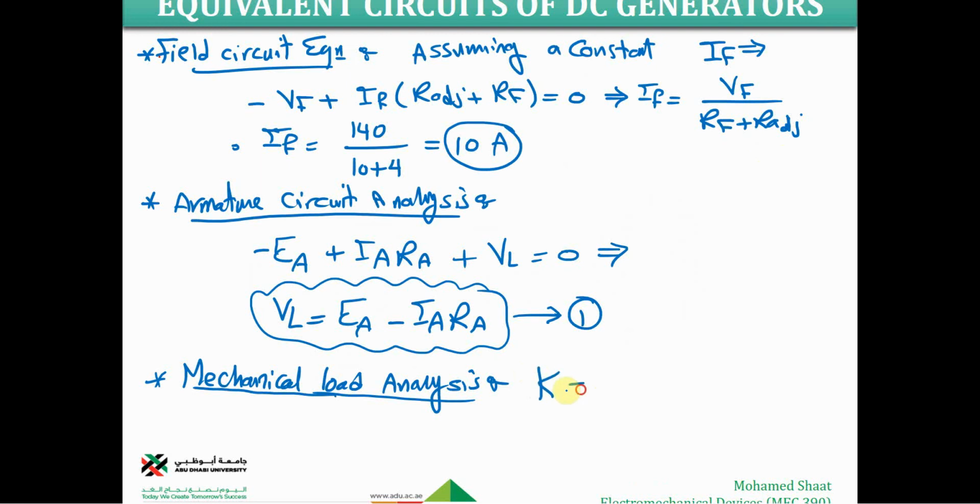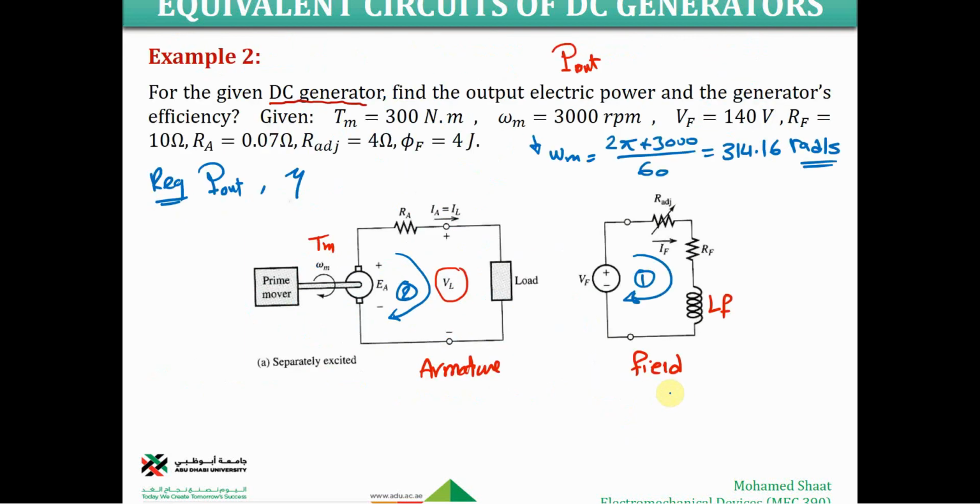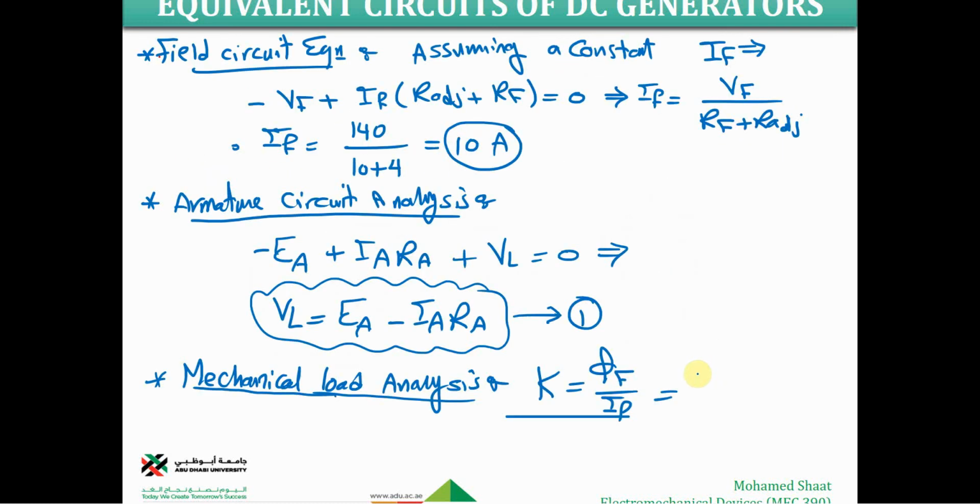But we have to calculate K, the machine or generator constant. Here it is the generator constant, Phi divided by IF. Phi was given to us as 4 joules. So it is 4 divided by 10, which is 0.4 joule per ampere.